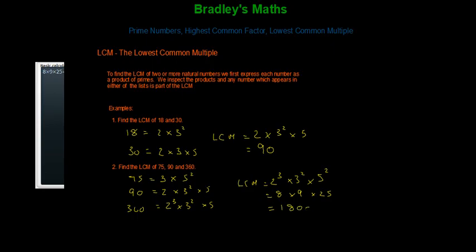So the lowest common multiple of 75, 90, and 360 is 1,800. That is the lowest number that 75, 90, and 360 can all divide into exactly.